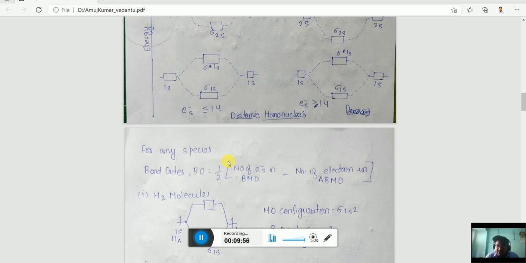They only focus on fast calculation, and after this video you will be able to solve this question within 10 seconds, even within 5 seconds also. I am very much an expert in this, and I solve this type of questions of bond order, bond length within 5 to 10 seconds. And I think that you also will be an expert in this.